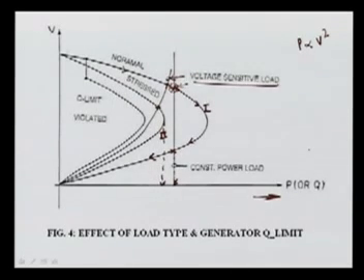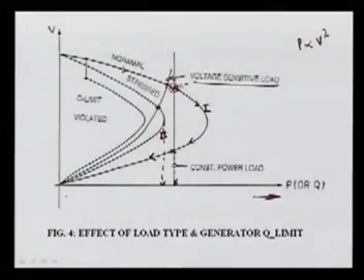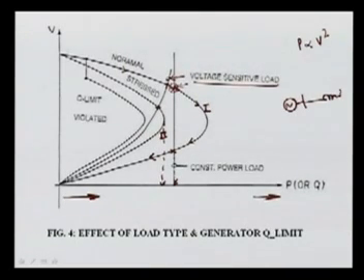Now let us take the violation of the Q limit. You can see what happens: your system is just following this curve, and if you keep on increasing the power, once you are taking more power, there is a possibility that the Q limit of the generator is violated. Here is your generator, this is feeding a line, and this is your load.